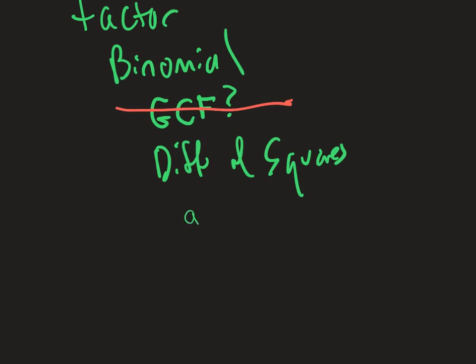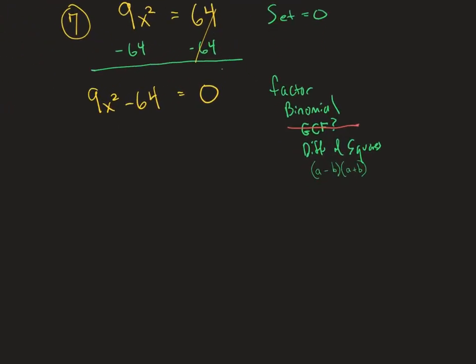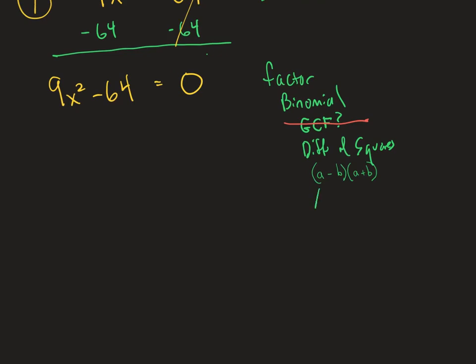Difference of squares, the formula for that is a minus b, a plus b. And the thing that you'll want to know about that is a is the square root of the first term. So if we look at the 9x squared, we want a to be the square root of that. Square root of 9, hopefully you guys know, is 3.